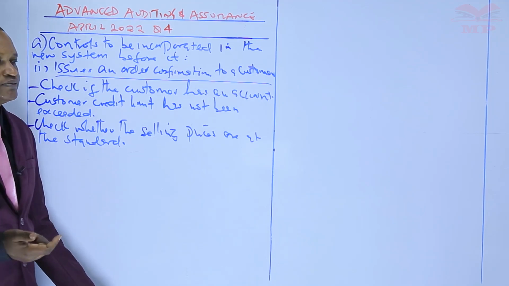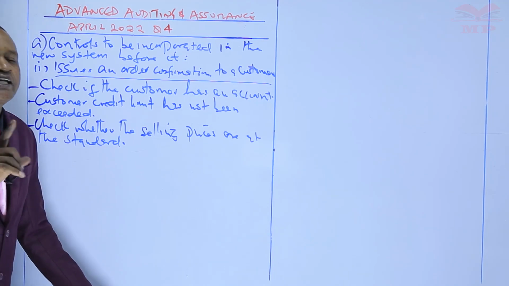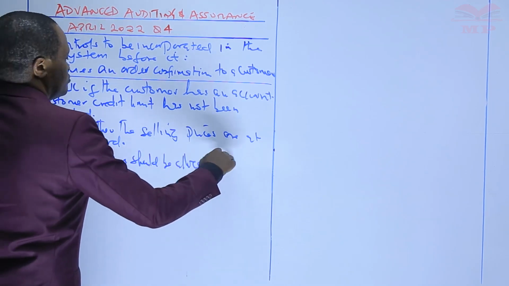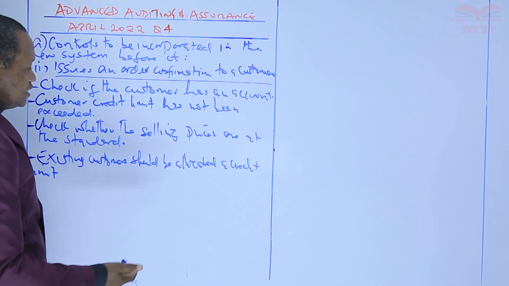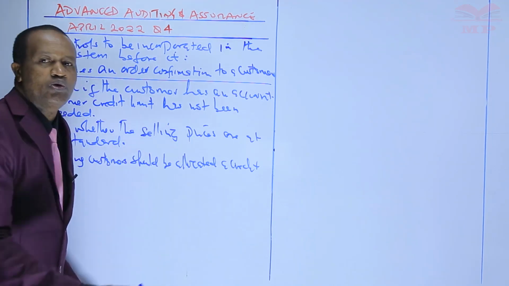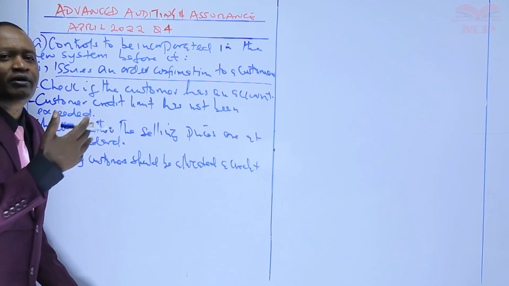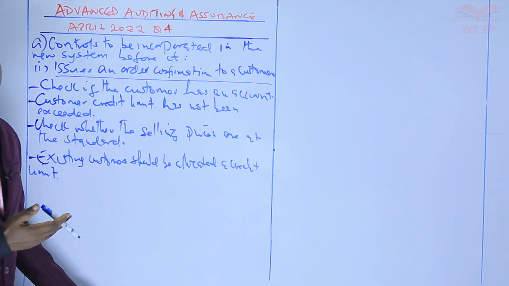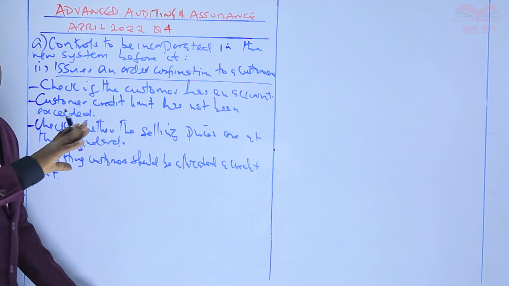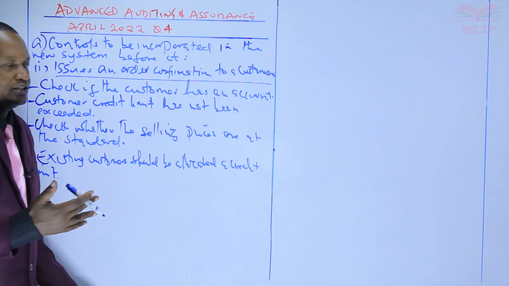You understand? The existing customers should be allocated a credit limit, and when the customers make a new order, that order should be ascertained.